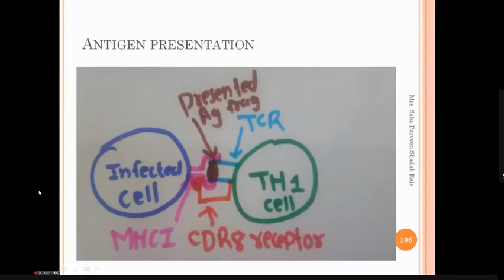For that, it will make use of the TCR, and once it is confirmed, yes, this thing presented is antigen, the TH cell will use another weapon, the CD8 receptor, and confirm yes, this is an MHC1 molecule. Then it will give a response, it will stimulate the T cytotoxic cells, and thereafter what happens we have already learned in cell mediated immunity. So I hope the endogenous pathway or cytosolic pathway is clear.